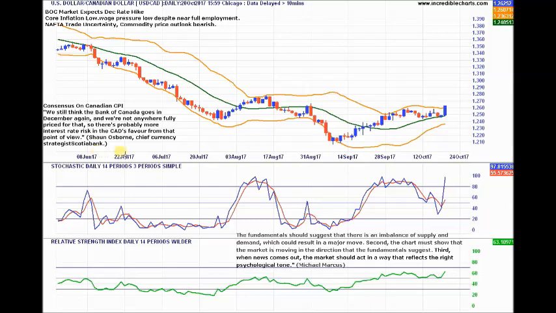I put this in the member centre. I picked one, of 10 banks that I follow, all bullish the Canadian dollar. They're economists. He puts, we still think the Bank of Canada goes in December again to raise rates, and we're not anywhere near fully priced for that. So there's probably more interest rate risk in the CAD's favour from that point of view.